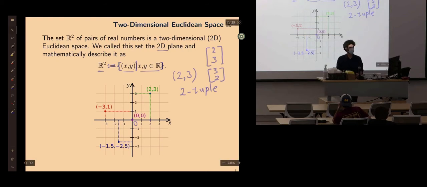So R2 is the set of two tuples such that both members of that tuple are real numbers. You do not have to call it x and y. We will use a better notation that scales up to higher dimensions. But it's very common and convenient to call them x and y for 2D space.